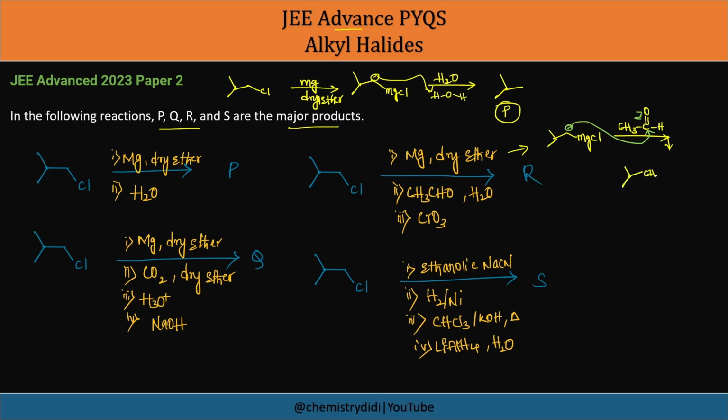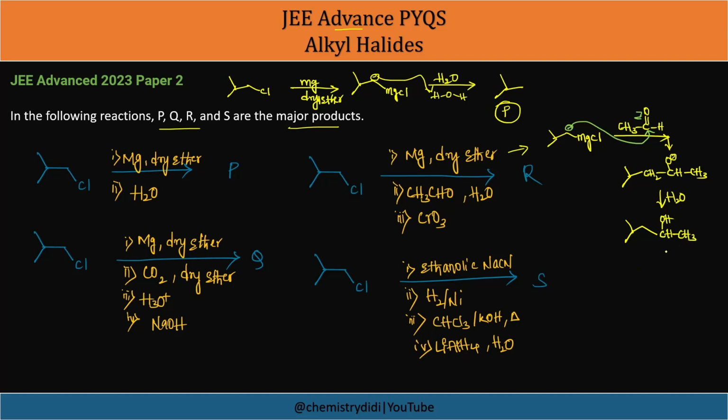Here it is CH2, here it will be CHO negative CH3. Then they have given hydrolysis, water, which will abstract a hydrogen and form OH. So here we'll get CHOH CH3.